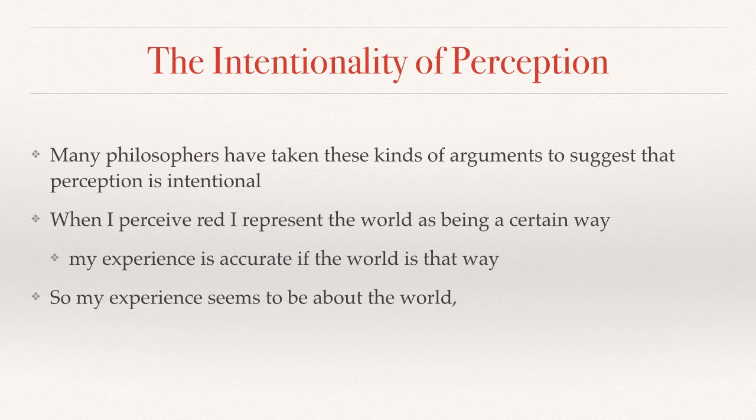So in experience, we seem to be directed to the world, so that even, now appreciate this point, even if you are hallucinating, the experience of red that you're having is presented as being outside of your mind. Even in the hallucination, even in the dream.